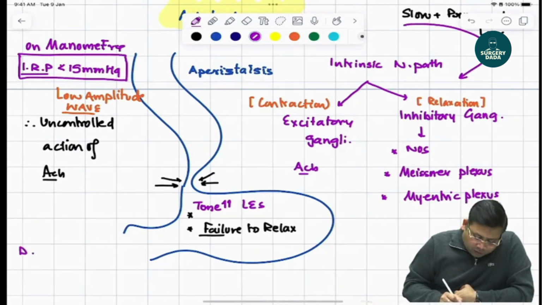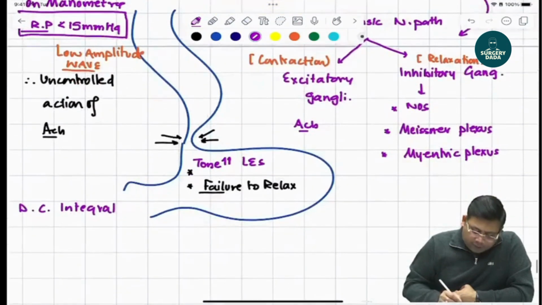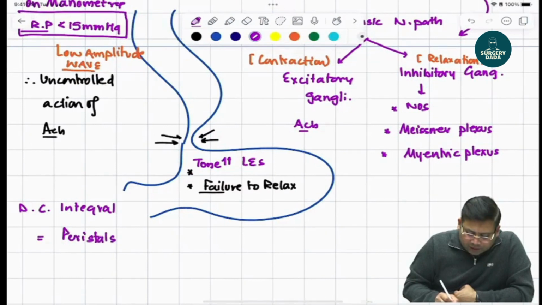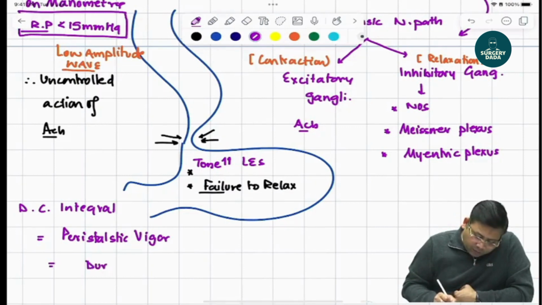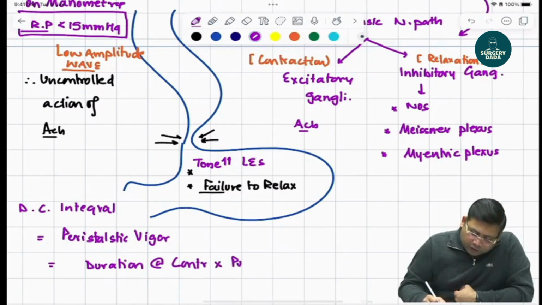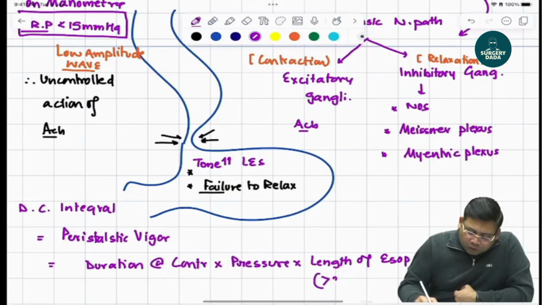The distal contractile integral, DCI. What is the distal contractile integral? It is nothing but peristaltic vigor. What is this peristaltic vigor? It is defined as the duration of contraction multiplied by the pressure of the contraction multiplied by the length of esophagus with pressure more than 20 mmHg.